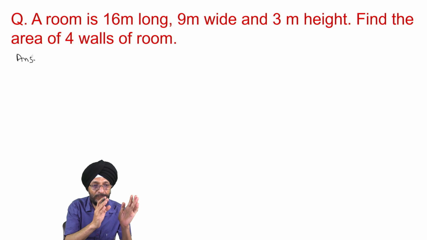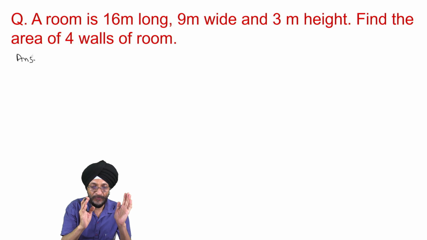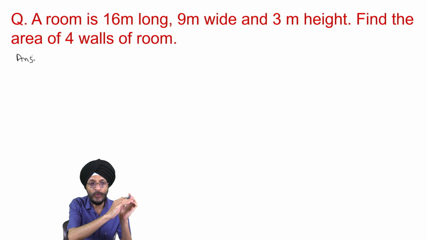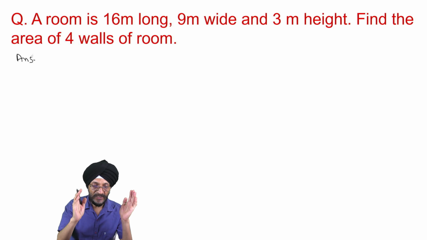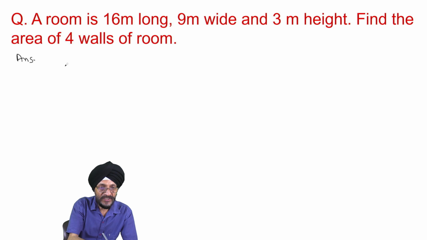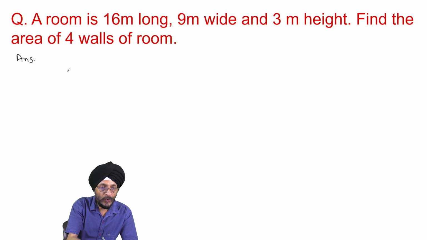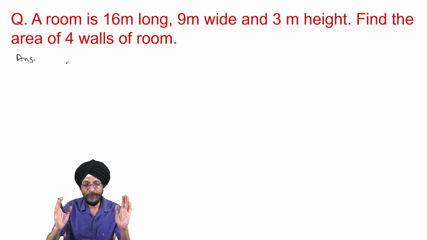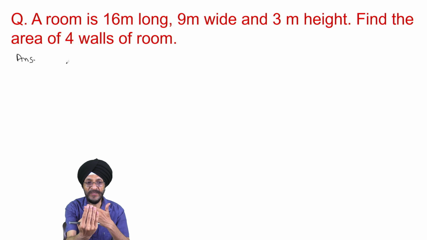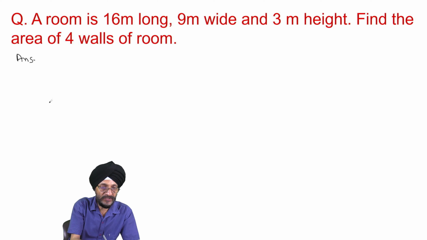To find out the area of four walls of a room, you need to add up the areas of each of the individual walls. Since the room before you is rectangular, we have two pairs of identical walls. One is these opposite sides and the other is these two which are on opposite sides.